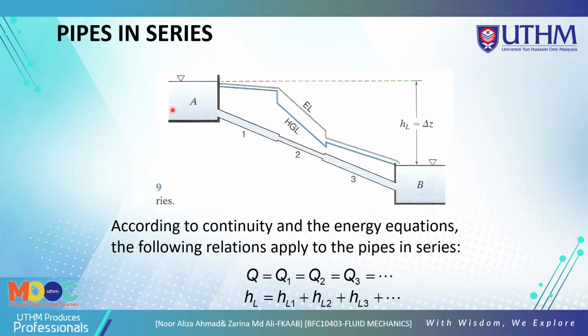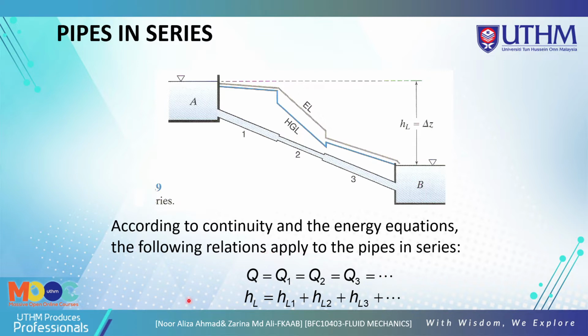They have tank A to tank B here. So for the pipe in series, they have pipe 1, pipe 2 and pipe 3. According to continuity and the energy equation, the following relations apply to pipes in series.